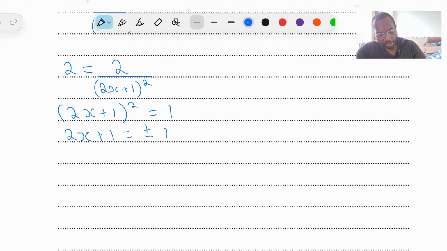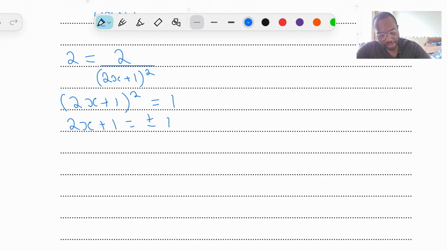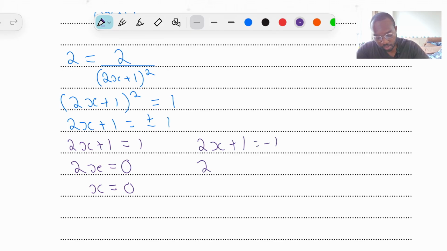Let's consider when it's positive first. 2x plus 1 is equal to 1, therefore 2x is 0, so x is 0. And the other one, if it's minus 1, 2x plus 1 is equal to minus 1, then 2x is equal to minus 2, therefore x is equal to minus 1.